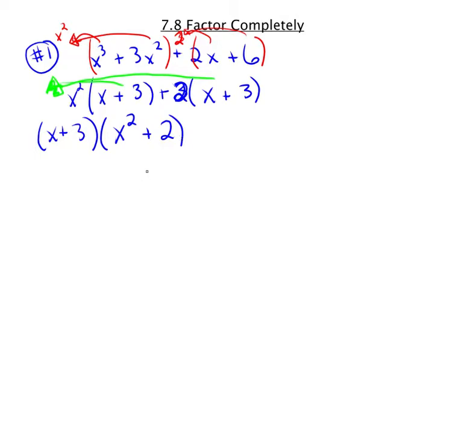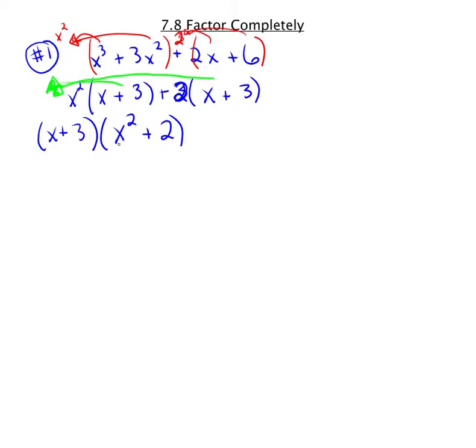And I know that because if I factor out that x plus 3, we could distribute it back in, and we'd have that times x squared, and then x plus 3 distributed back in times 2 would be this other group of multipliers. So when we have these two factors, we've factored it completely. It didn't look like at first that we had a common factor of x plus 3, but there is.